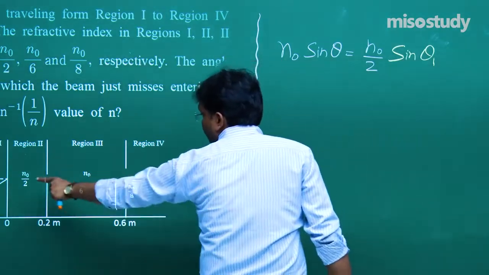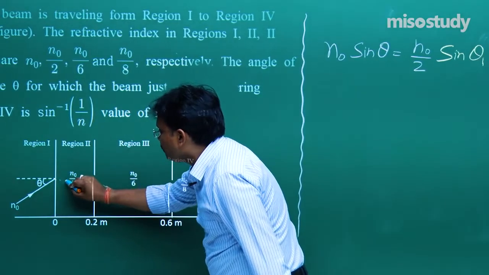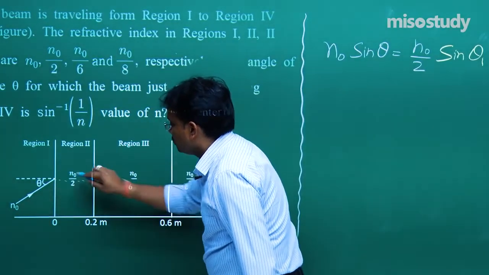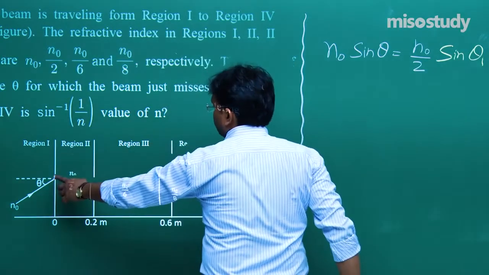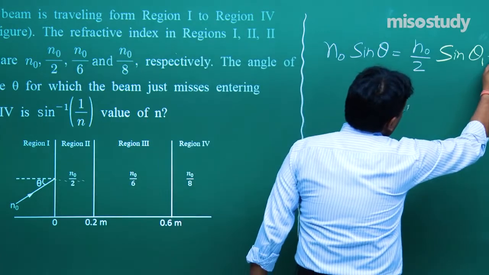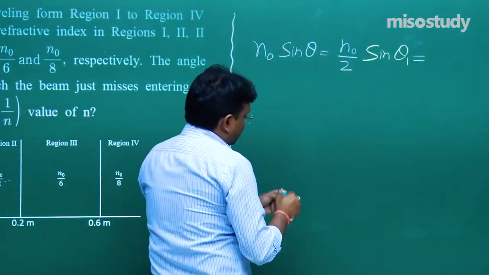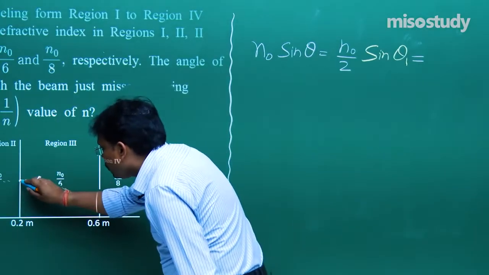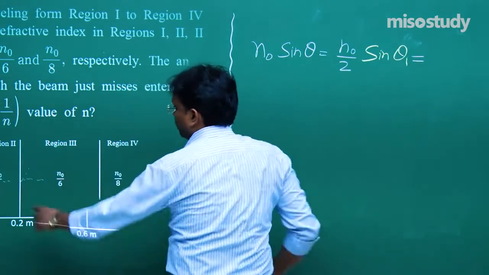This theta 1 is in this medium. Basically, if you expand this diagram further, this normal, then obviously some bending will take place. So that theta 1 is associated with this term, and it is equal to n naught by 6 sin theta 2. Why? Because this normal will expand over here and some bending will take place.